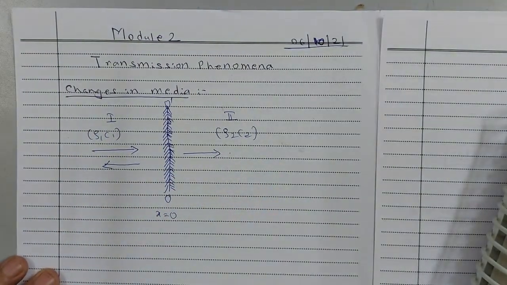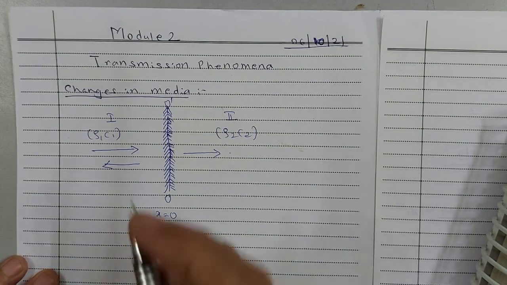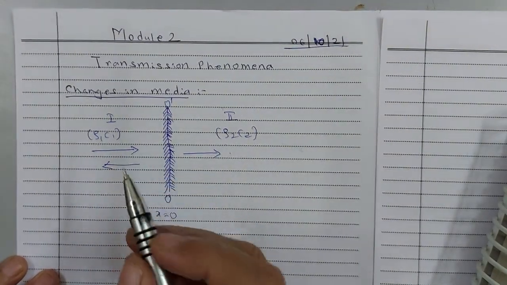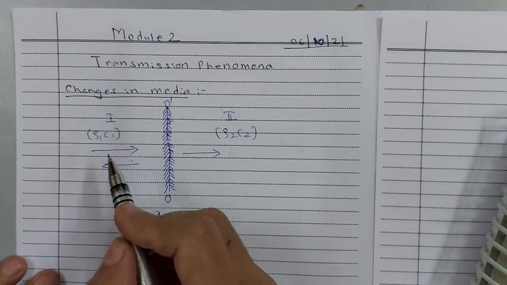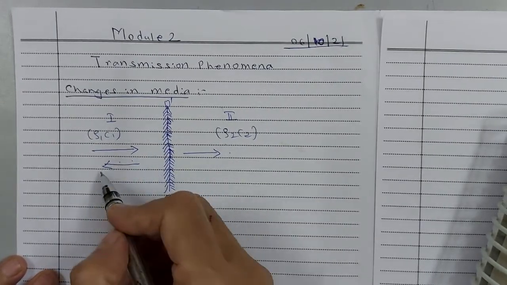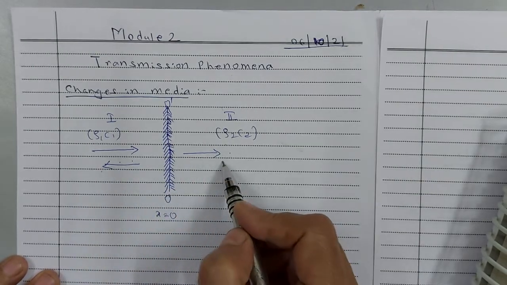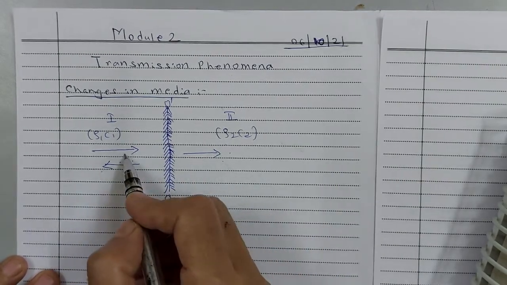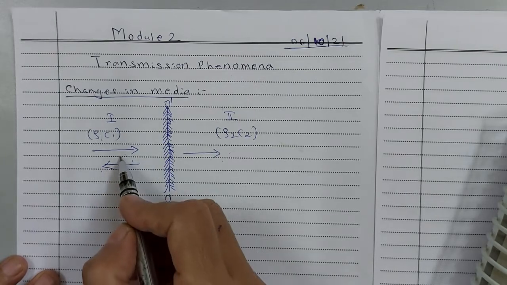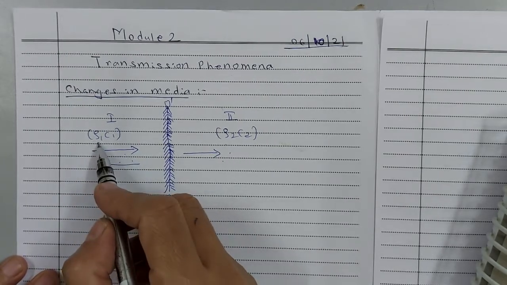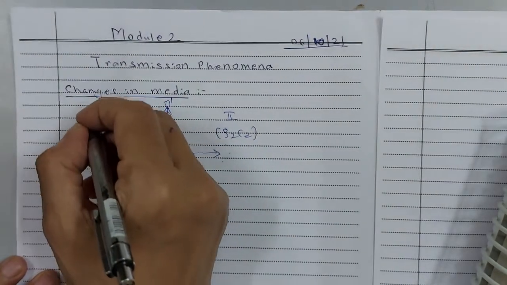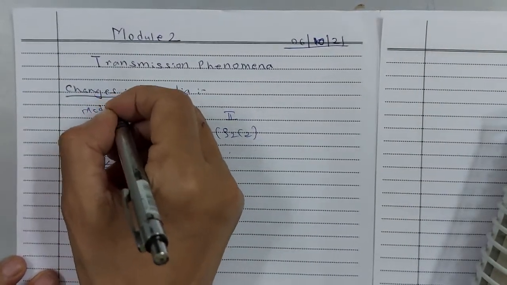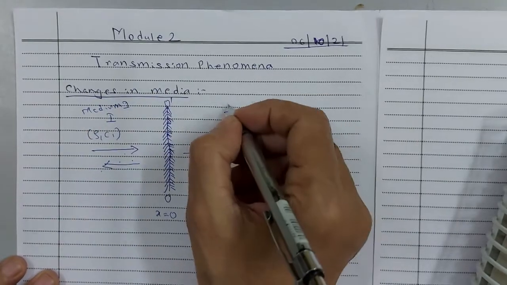What we need to understand first is that the ratio of the intensities and pressure amplitudes of the reflected and the transmitted wave to those of the incident wave depend on the characteristic impedances of these two media. This is medium 1 and this is my medium 2.